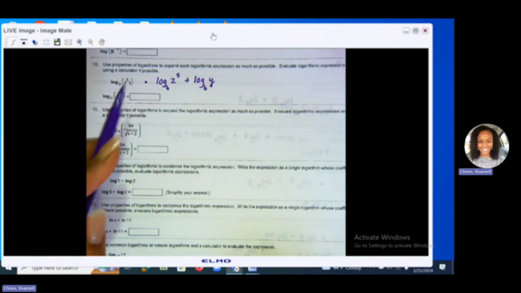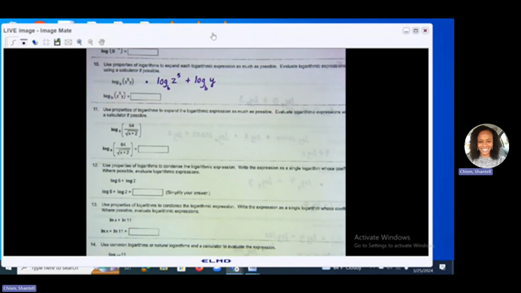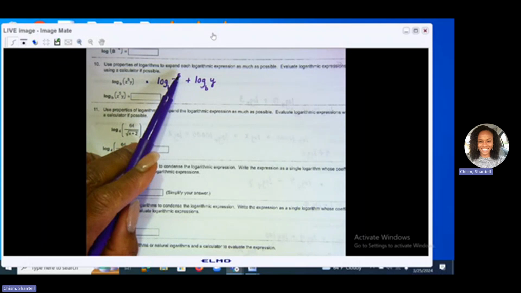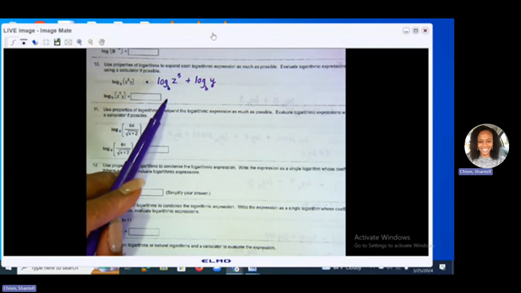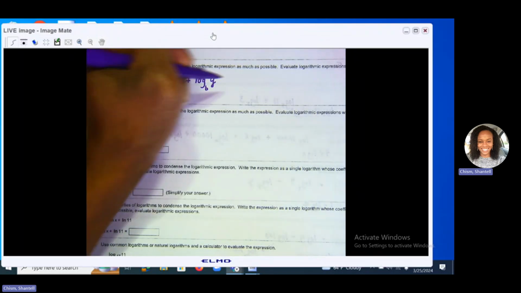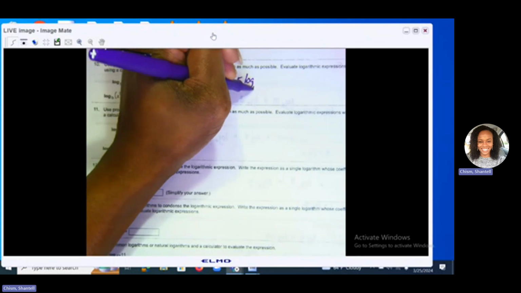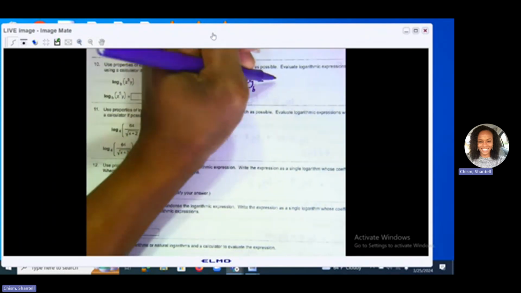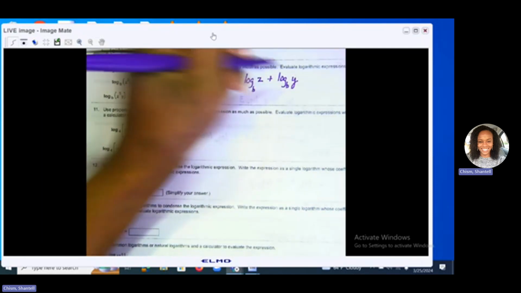I'm not quite done, even though these are variables and I won't be able to simplify them much more. I have an exponent here. I always want to expand it out as much as possible. So I'm going to pull out that exponent, express it as a product in front of the log expression. So this then becomes 5 times log base b of z plus log base b of y.